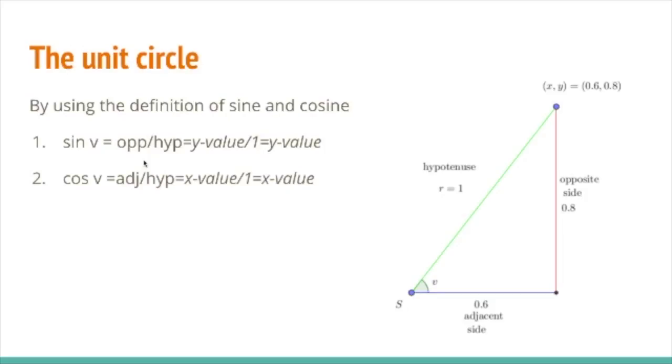Now, the same we can do with cosine V. Cosine V is the adjacent side divided by the hypotenuse, but we know that the adjacent side corresponds to the x value and the hypotenuse corresponds to 1. So we get the x value divided by 1, which is simply the x value.